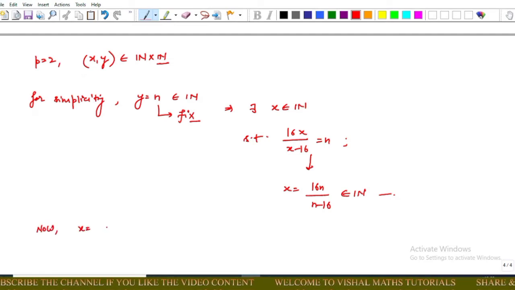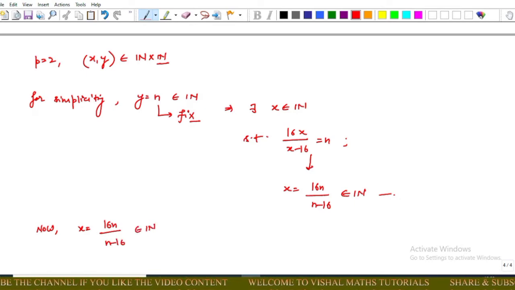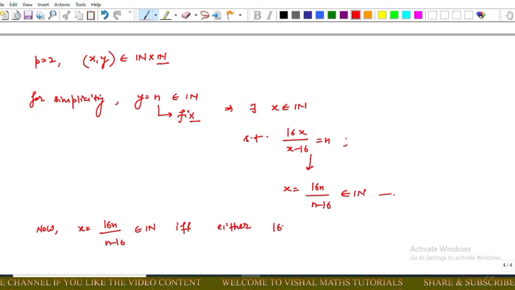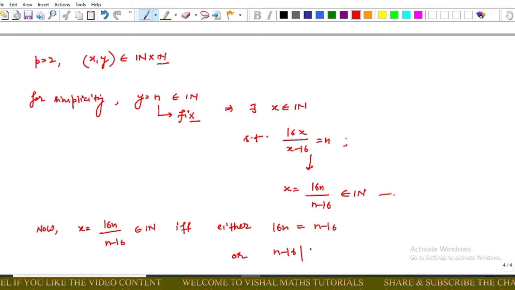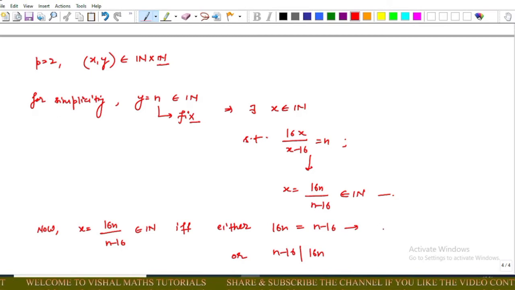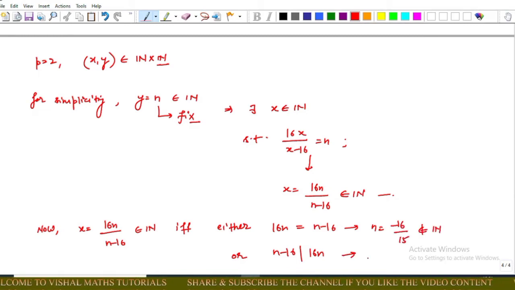Now x equals 16n upon n minus 16 belongs to the set of natural numbers if and only if either 16n equals n minus 16 or n minus 16 divides 16n. The first gives n equals minus 16 upon 15, but this does not belong to the set of natural numbers, so we are left only with the condition that n minus 16 divides 16n.